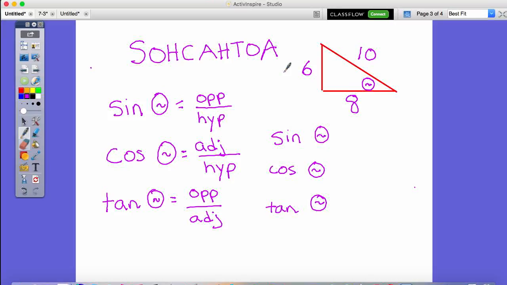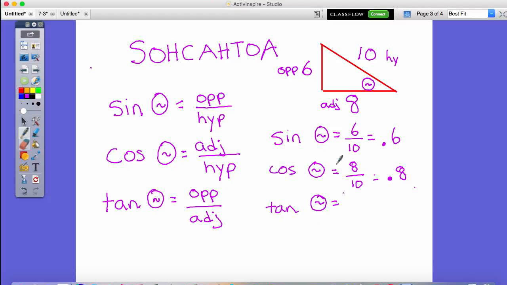So to do the sine, 6 is opposite, 10 is the hypotenuse. 6 divided by 10 is 0.6. To do the cosine, 8 is the adjacent. 10 is the hypotenuse, is 0.8.